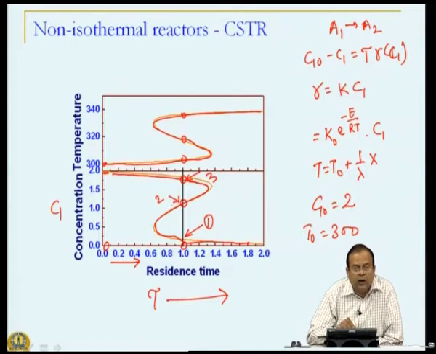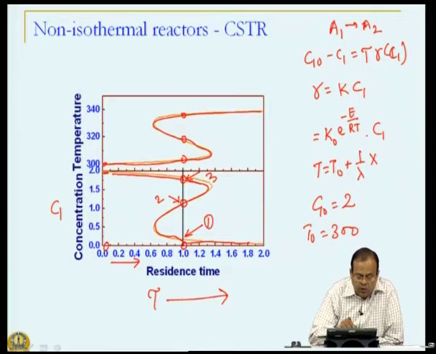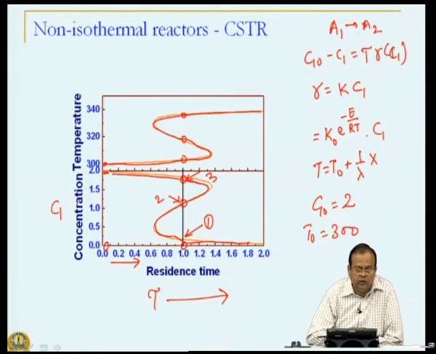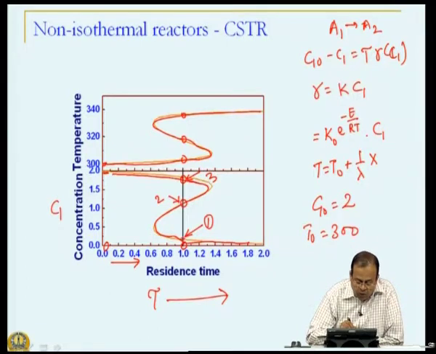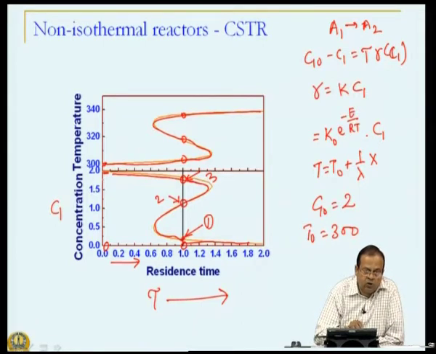1, 2 and 3. What are their characteristics? Let us start with 3. Number 3 for example, the inlet concentration and the reactor exit concentration are almost close to each other, that means hardly any reaction has taken place. In case of 1, the exit concentration is significantly lower compared to inlet concentration.